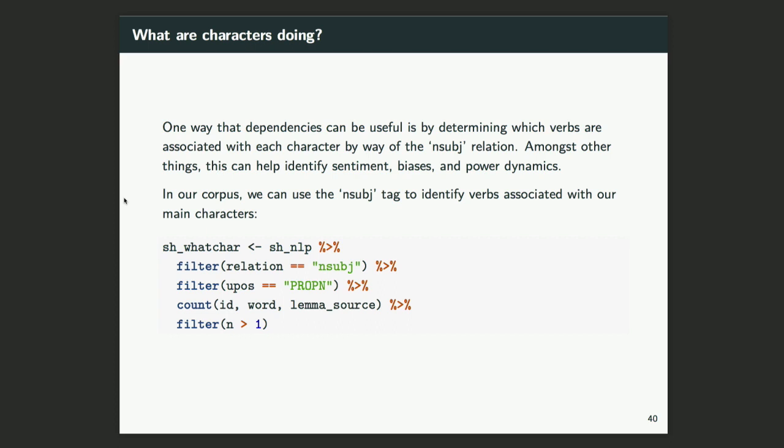If we take those and we filter out just the words that have a noun-subject relationship, so it's a noun attached to a verb, and it's the noun that's doing the action of that verb. And we take just the ones where the part of speech is a proper noun. I just want to figure out what the characters are doing in the text.